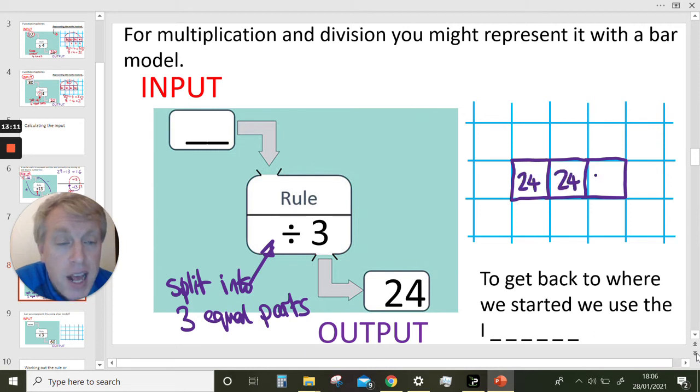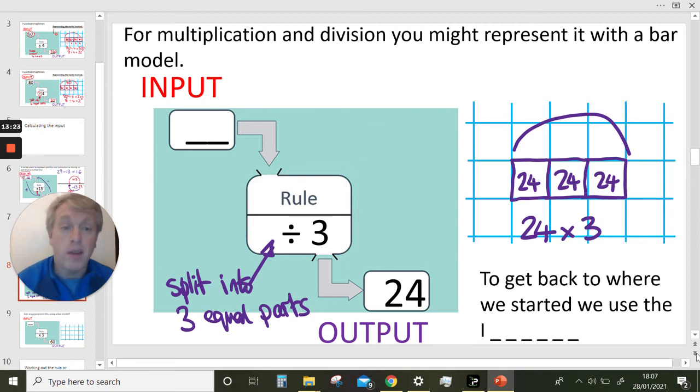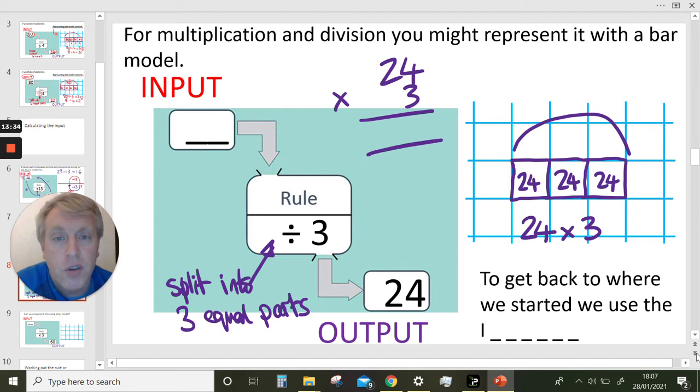24 in each part. So what's the whole amount? The whole amount is 24, 3 times. 24 times 3. 4 times 3 is 12. 2 times 3 is 6.